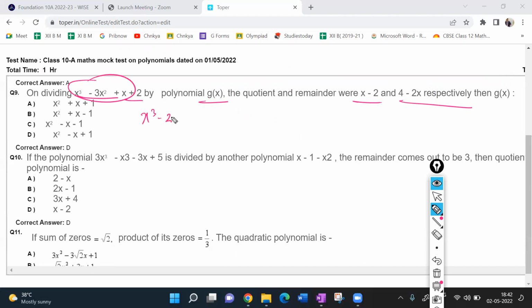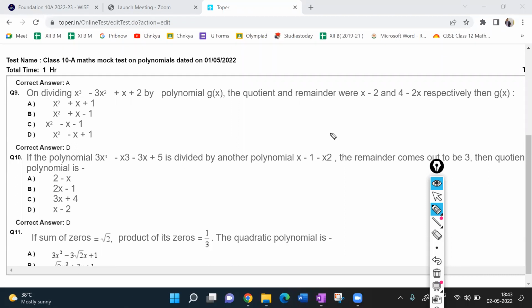Dividend, divisor into... Dividing this. Very, very interesting question. We can find a trick here. What is the trick?